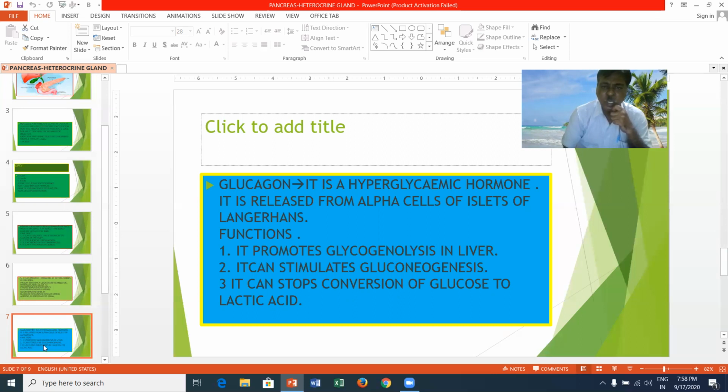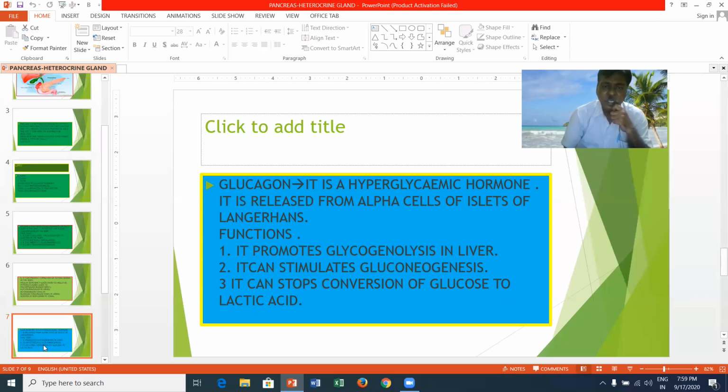Glucagon is a hyperglycemic hormone. It is produced from the alpha cells of islets of Langerhans. It shows some functions: it promotes glycogenolysis. That means glycogen is converted into glucose whenever there is a need.